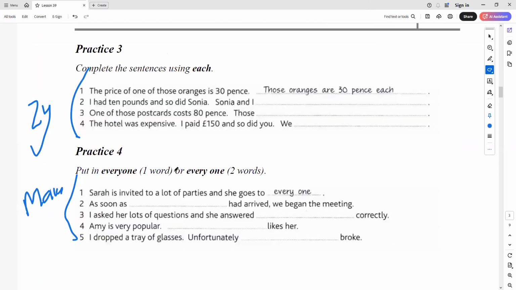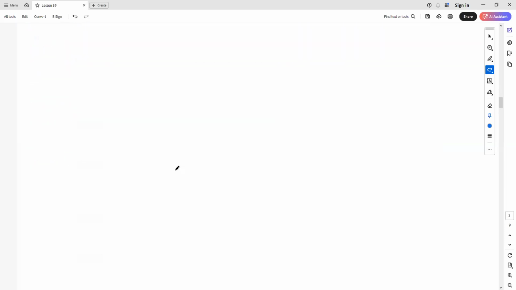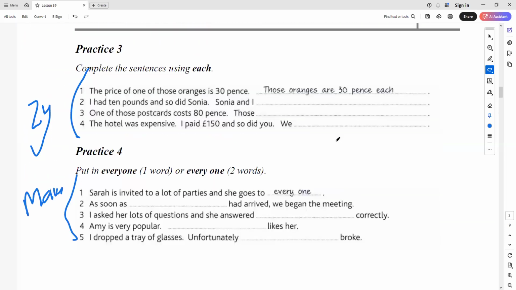Well, we are doing 3 and 4. We don't have 5, right? Okay. So we are doing to answer Practice 3 and Practice 4. So start now, Ziying. The price of one of those oranges is 30 pence.